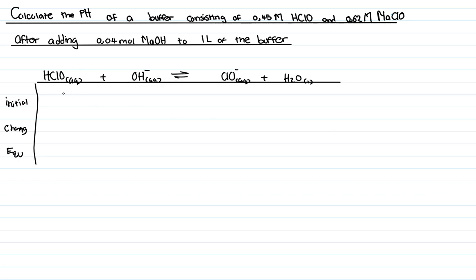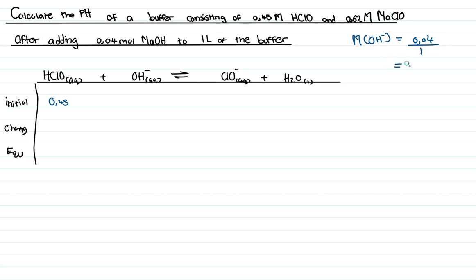So initially we had 0.45 and we added sodium hydroxide. The concentration of the hydroxide that we added is equal to the number of moles, 0.04 mole, divided by the volume, which is 1 liter.